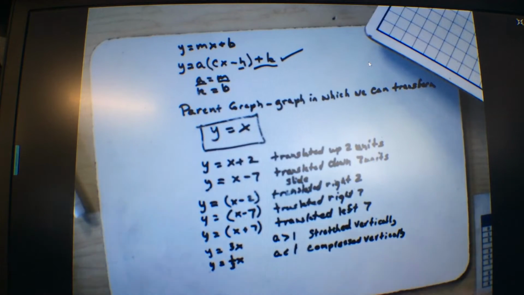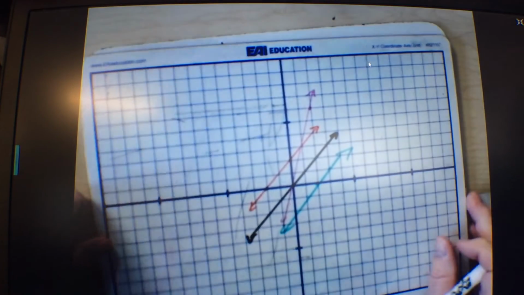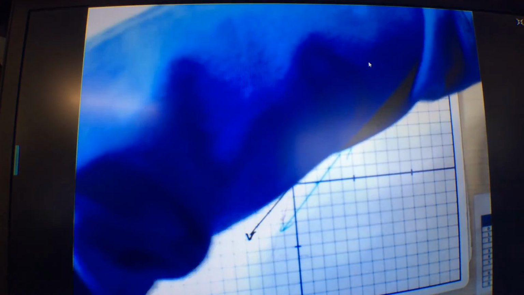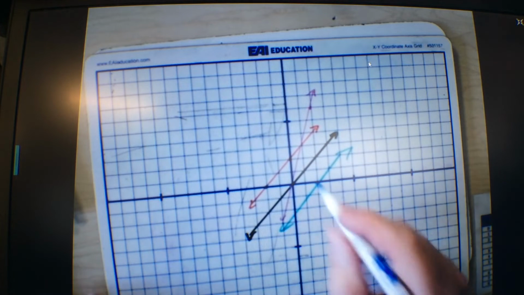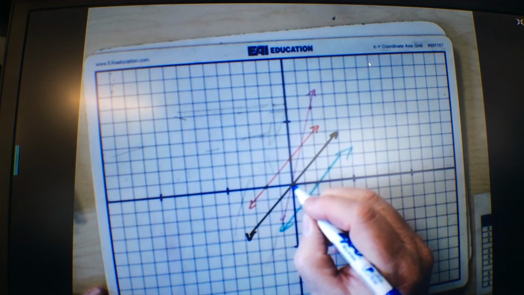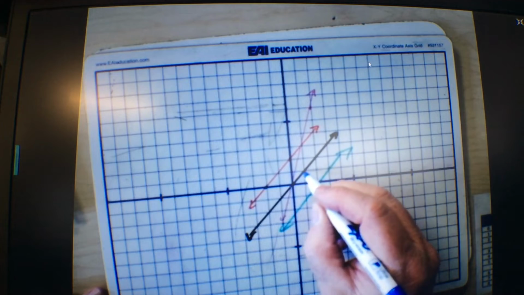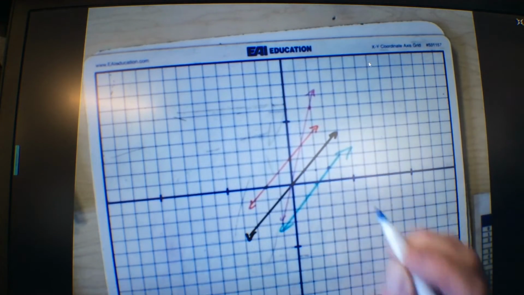We're compressed vertically, which means, guys, I'm going to try to use a different color here. Compressed vertically means that I still go through 0, 0. It's just my rise is 1 and then 1/3. So it looks like this.